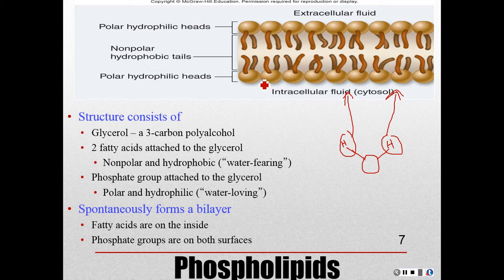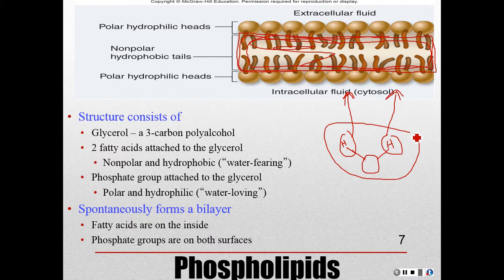Since the nonpolar tails dislike water so much, they turn their back away because they don't want to be touched. It's just like a cat. A cat hates water. It's going to scamper out of the water as fast as it can to get away from it. It's the same thing with these tails. They turn away from it, positioning the polar hydrophilic heads toward the water molecules, causing the hydrogen bonds to bond with the heads.